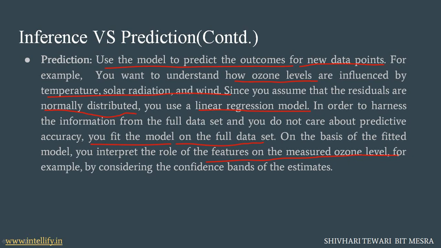Without caring about predictive accuracy, we fitted the model on the full data set, and on the basis of that model we interpret the role of the features and predict new outcomes. If we added some new data points and tested them on that model, then what will be the result?